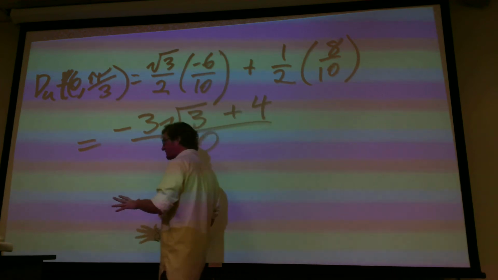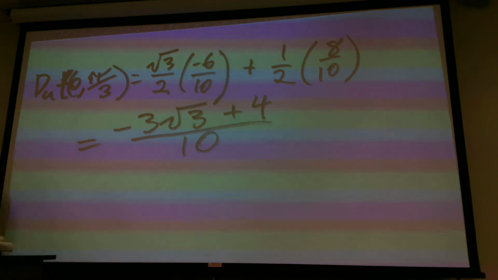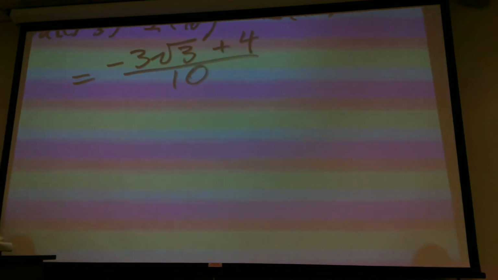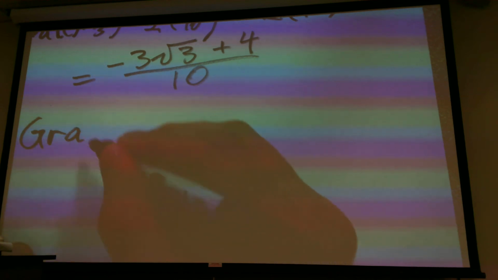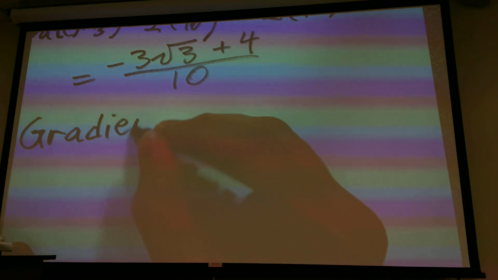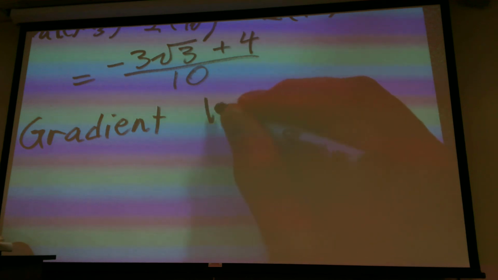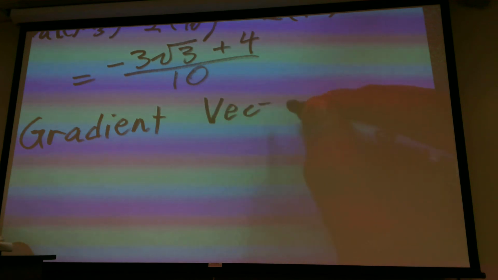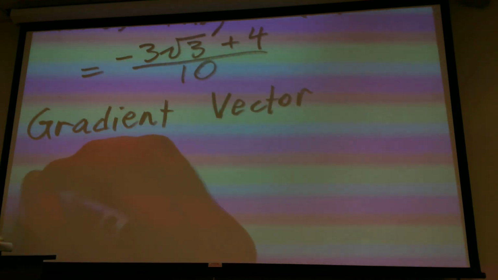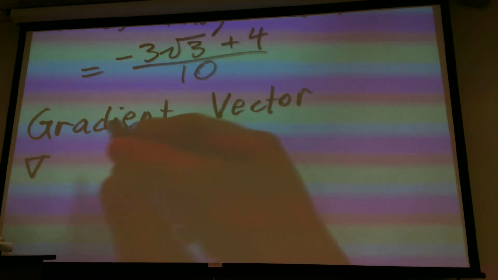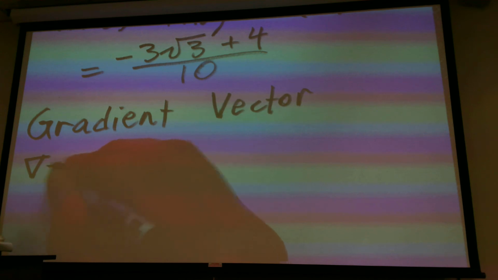We're going to have another definition, because there's another thing that is very important when talking about this, okay? That is actually a component of this. That's the gradient vector. Right? So the gradient vector, you'll see this symbol a lot coming up.